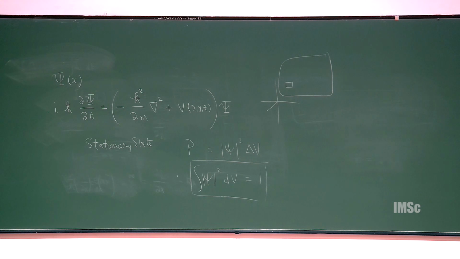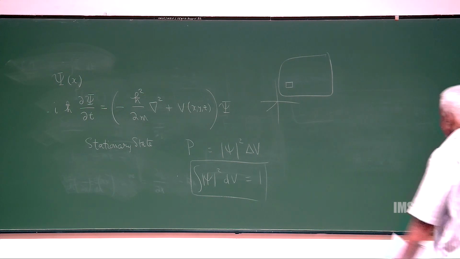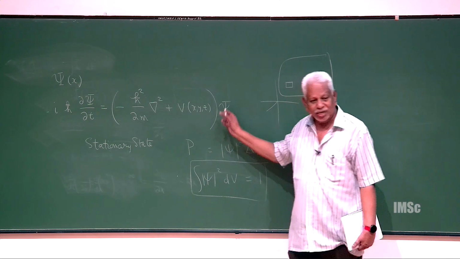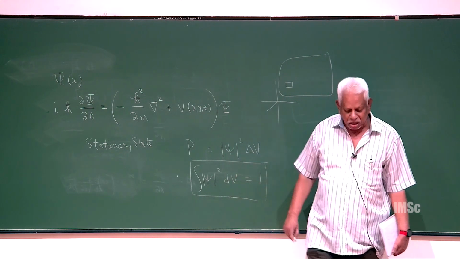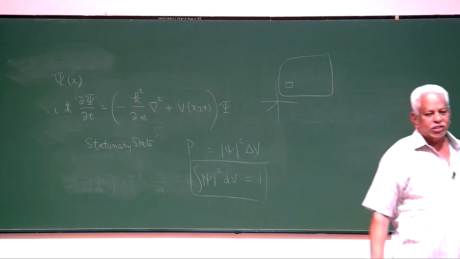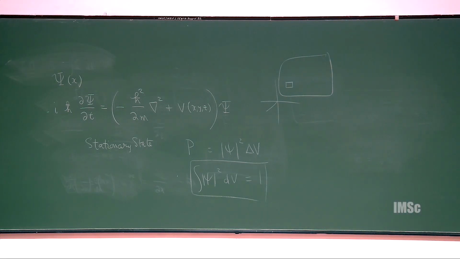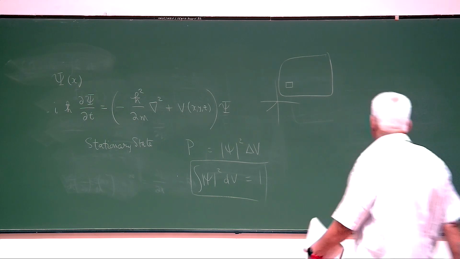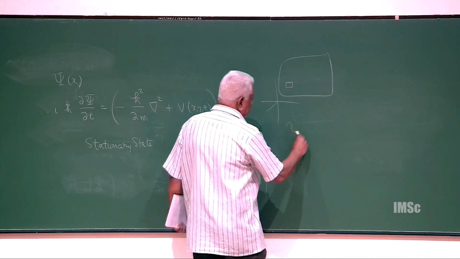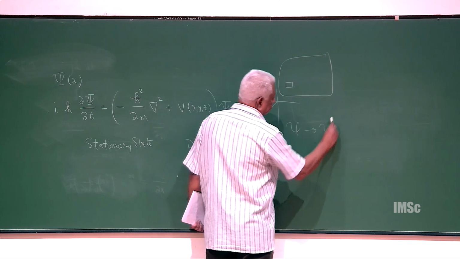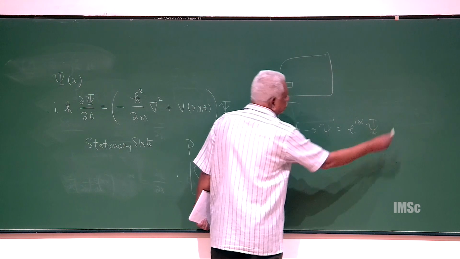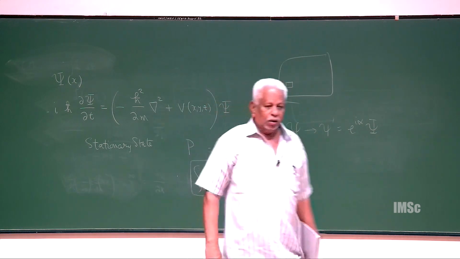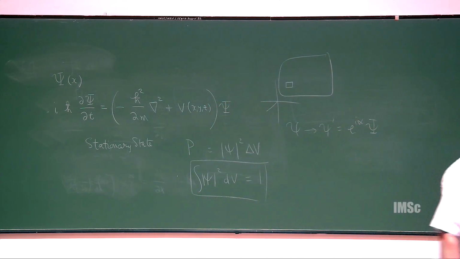That is what the state is. The state is not given by psi, it is actually given by psi square. That is the important thing. So if I change my psi by e to the power i alpha times psi, psi going to psi prime equal to e to the power of some constant times psi, what is the state of the new thing, psi prime?